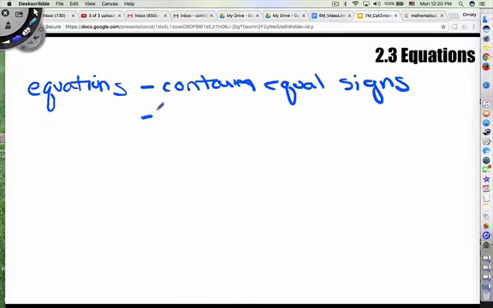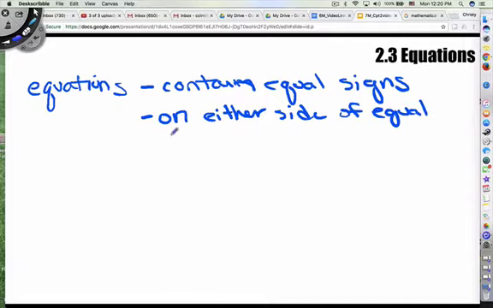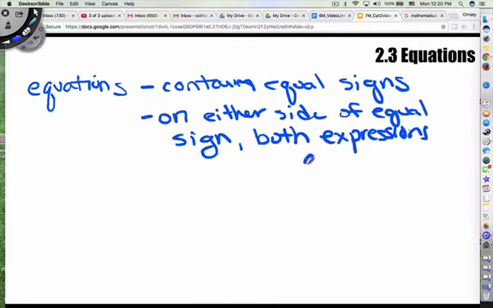And on either side of the equal sign, both expressions are equal. So this means 2 plus 3 equals 5. 2 plus 3 is 5, and 5 is 5, and so they're equal to each other, okay?